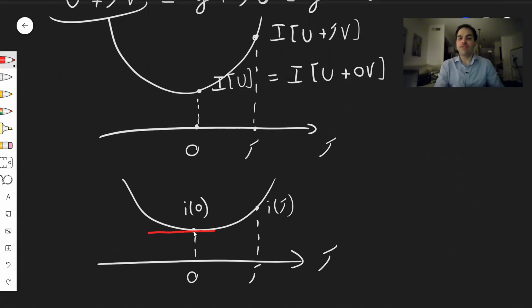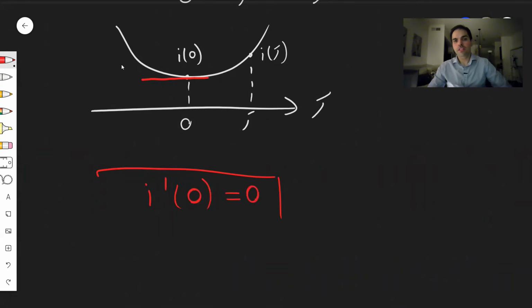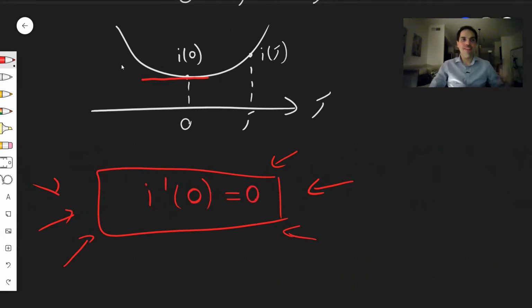Well, by the first derivative test or something, we know that the derivative of little i at 0 equals 0. And this is what allows us to go from minimizers of functionals to PDEs. Literally, this is the key to the calculus of variations.